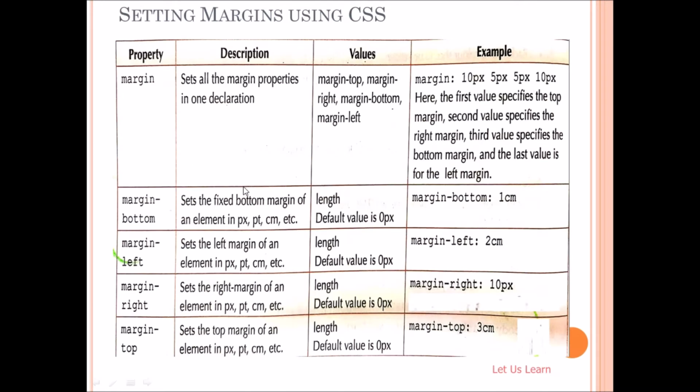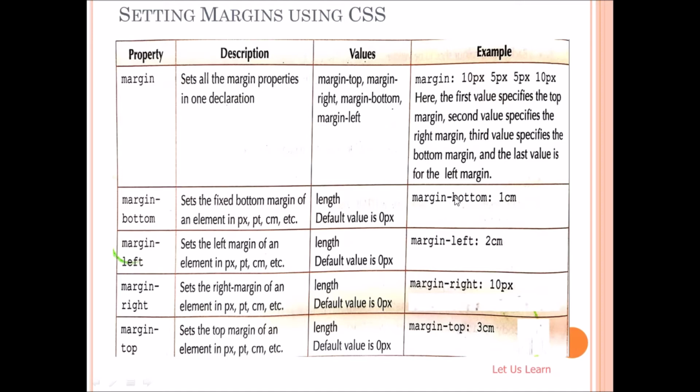Okay, margins: if you want to specify any space from the corner of your page to the text, that is the margin. There are four different values in the margin: top, bottom, left and right. Each one you have to give separately.